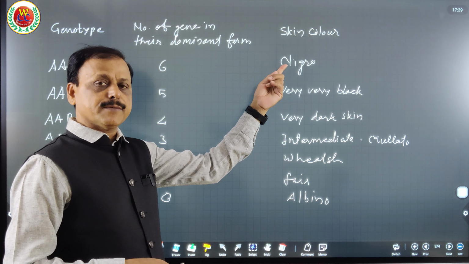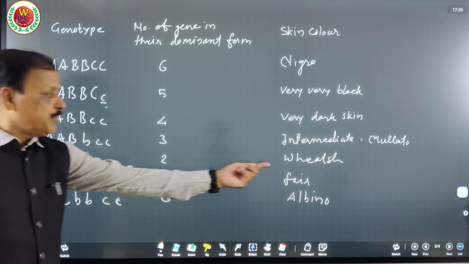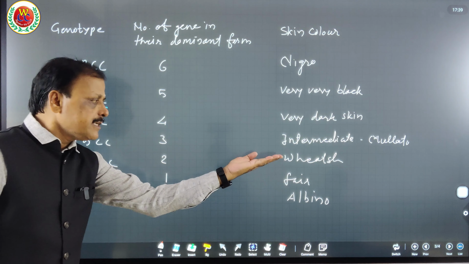Now come to the point here. Number of dominant genes 0: no skin color. Number of dominant genes 1: creates additive effect, having some melanin pigment with respect to exposure to sunlight. In the next case, the number of dominant genes is 2, so whitish color, which creates slightly more melanin pigment. Number of dominant genes 3: additive effect, more melanin pigment, mulatto, darker than whitish.